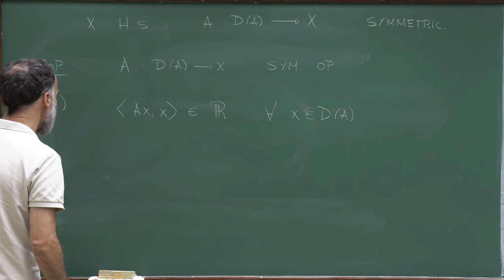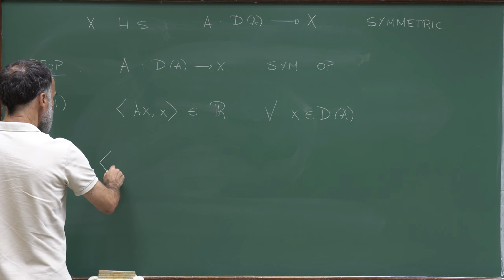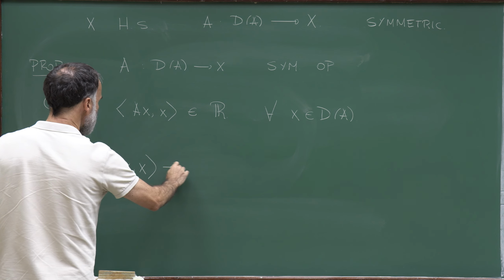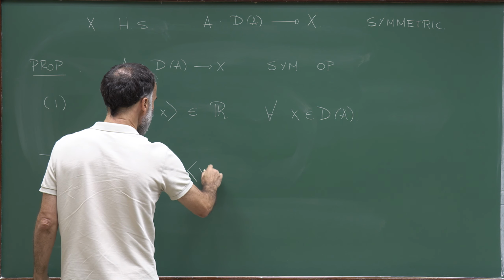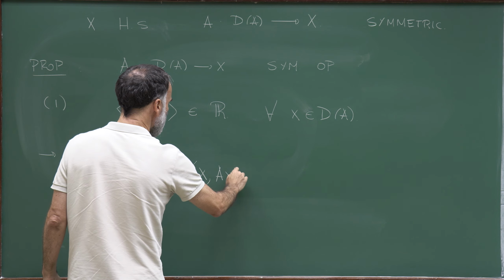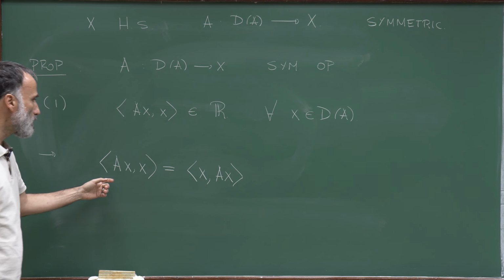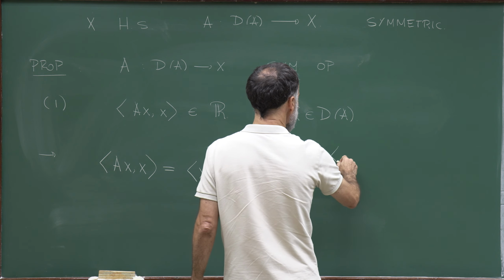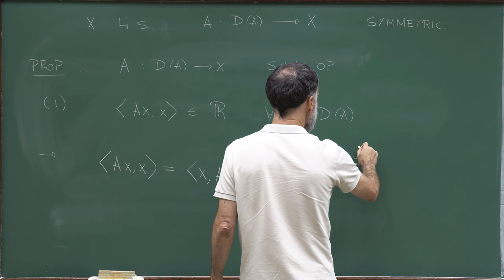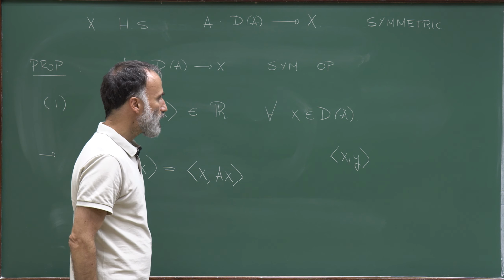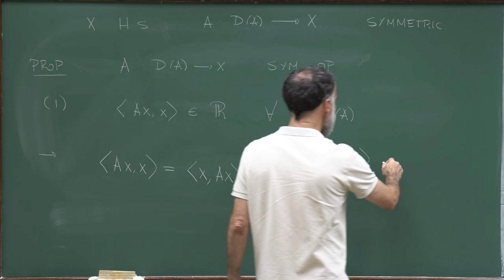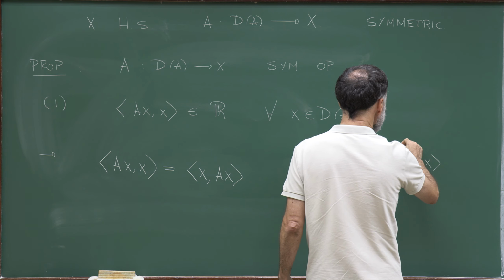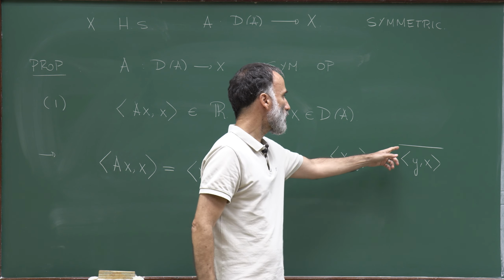The proof is almost trivial. So since A is a symmetric operator, (Ax, x) is equal to (x, Ax). This, by definition of symmetric operator. On the other hand, if you remember, one of the properties of the scalar product is that if I take (x, y), this is equal to (y, x) if I take the complex conjugate.